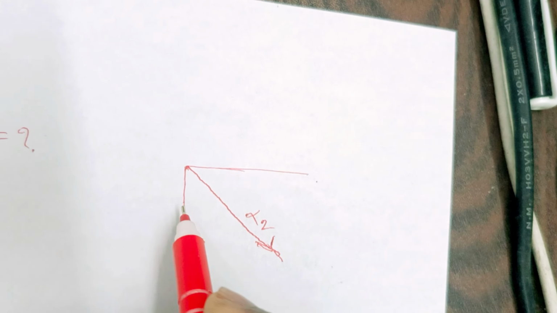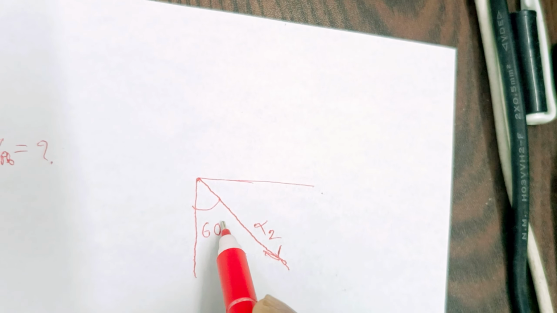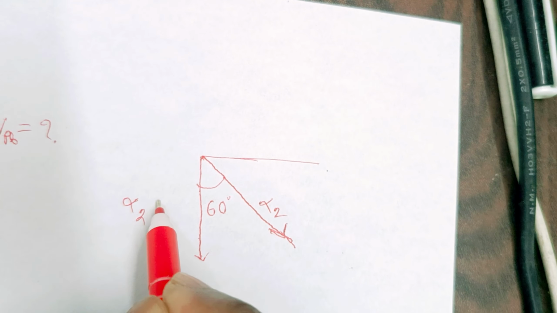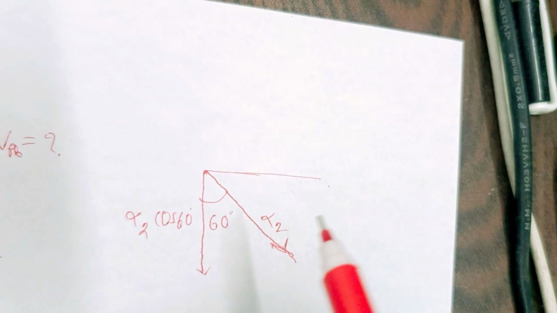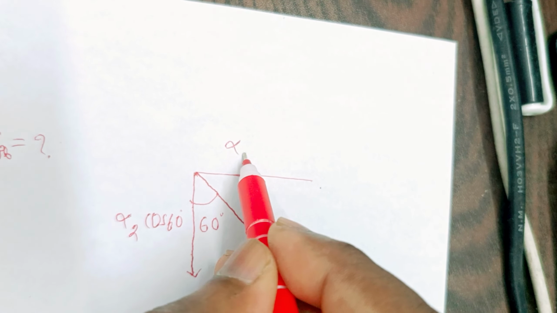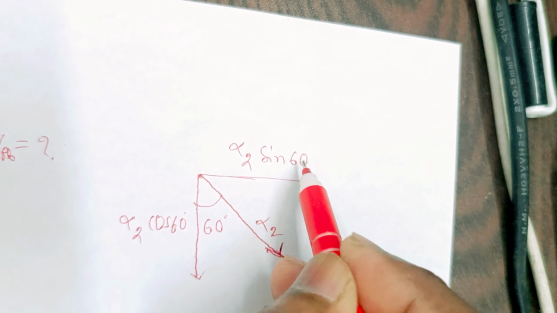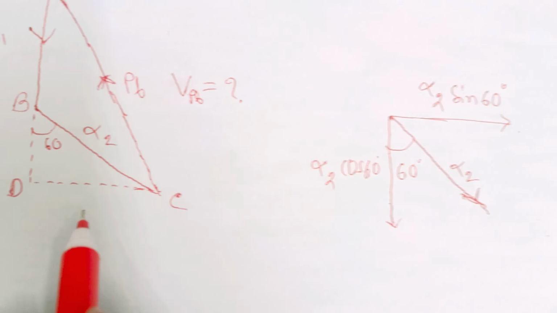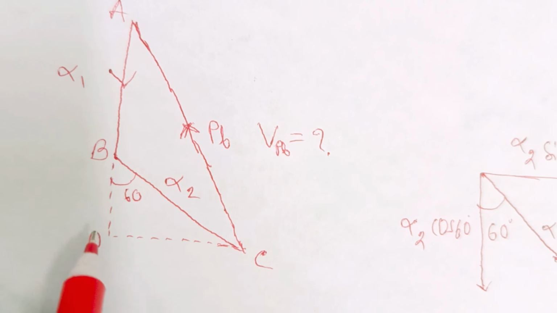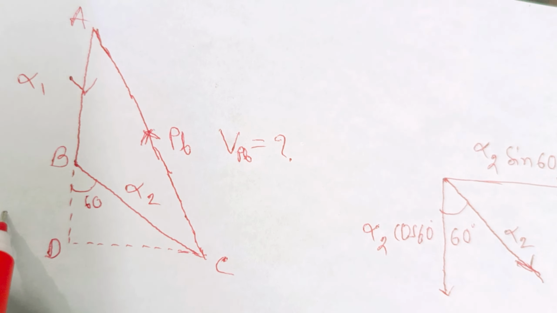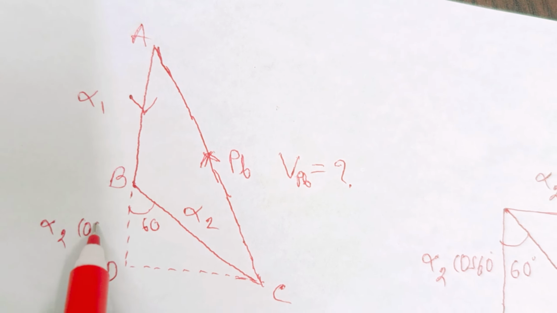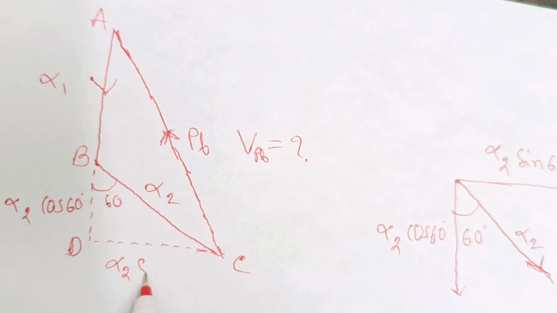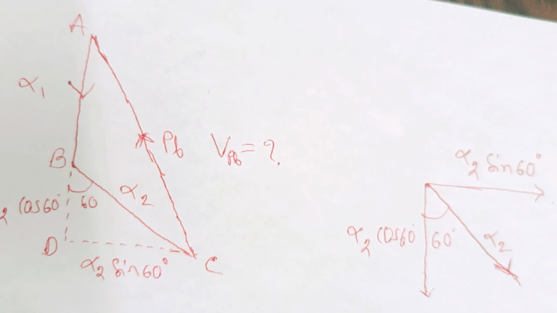If this is the resultant, and the angle is 60 degrees, then this component would be alpha 2 cos 60 degrees, and that one would be alpha 2 sin 60 degrees. Comparing this with the other diagram, this one would be alpha 2 cos 60 degrees, and this part would be alpha 2 sin 60 degrees.